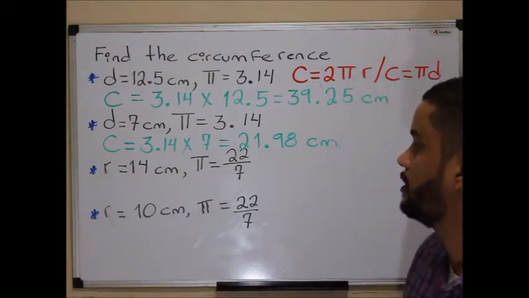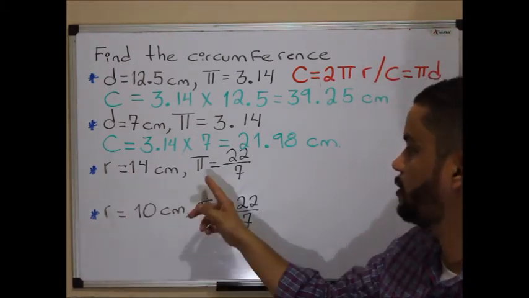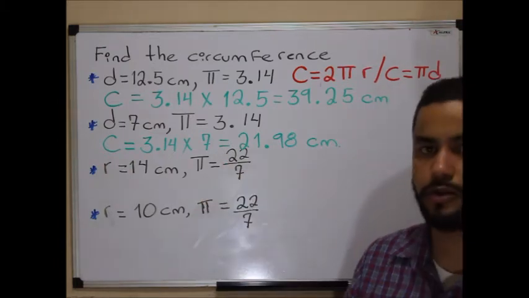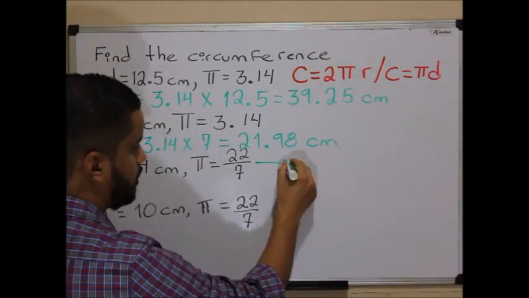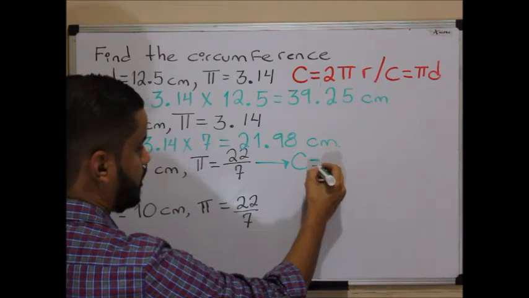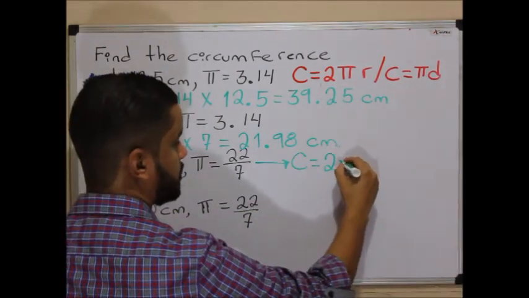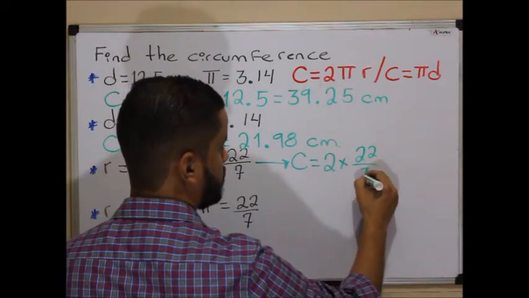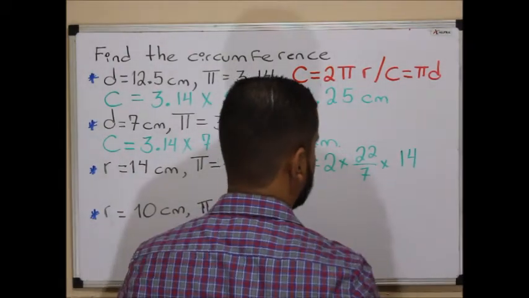For those two, we're having now radius on both exercises, and our value of pi is 22/7. So we're going to solve them without using the calculator. This one will be circumference equal which formula? The first one. So we're going to have here 2 times the value of pi, that will be 22/7 times our radius, that in this case is 14, so we're going to write here 14.